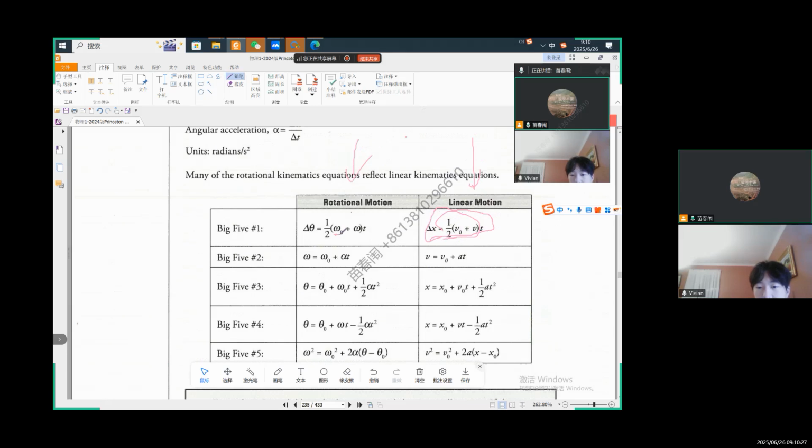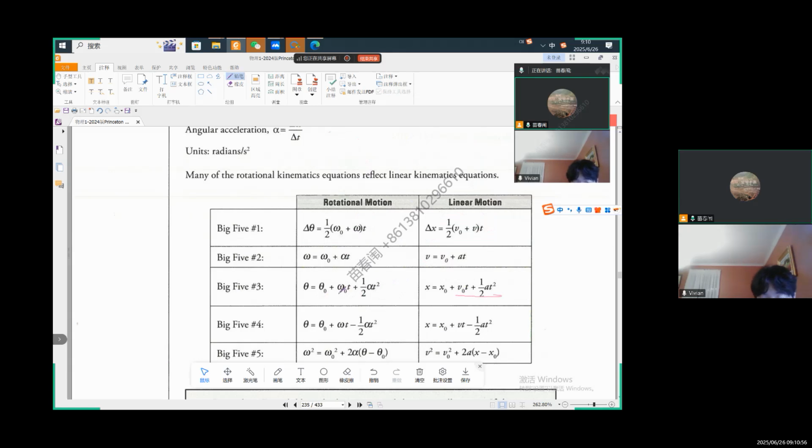So this is the initial angular velocity, and this is the final angular velocity, right? So final velocity equals initial velocity plus a t. And this one is basically alpha. Sometimes they write a, but it's actually alpha, just to be a little bit different. So this is very similar to the linear one.